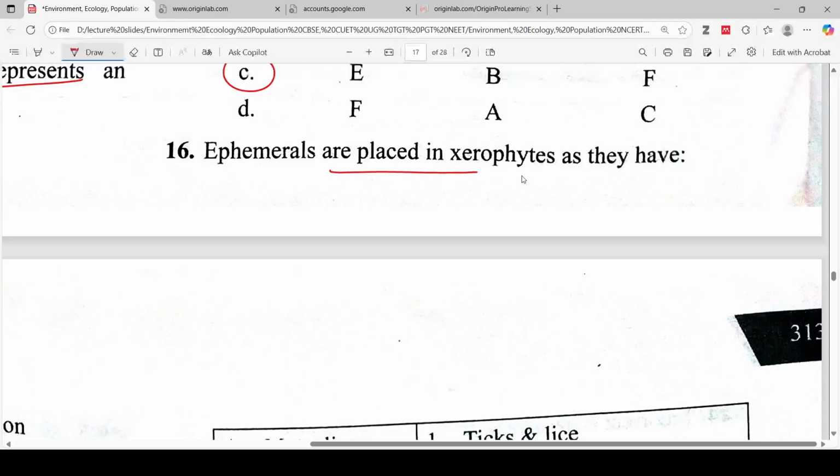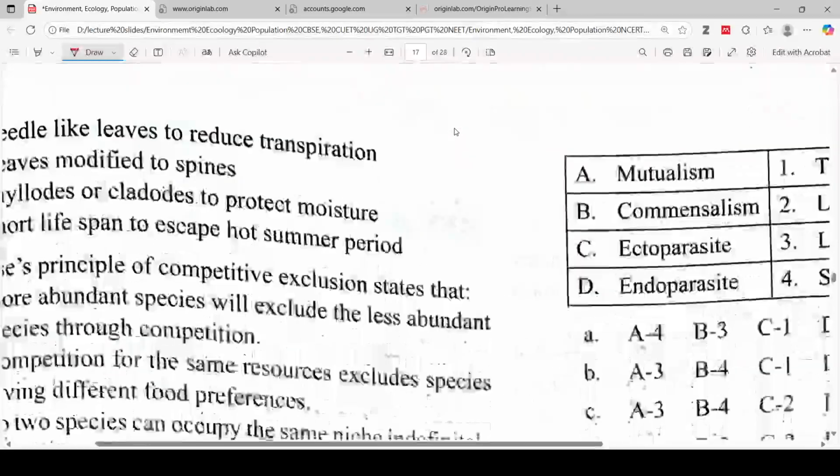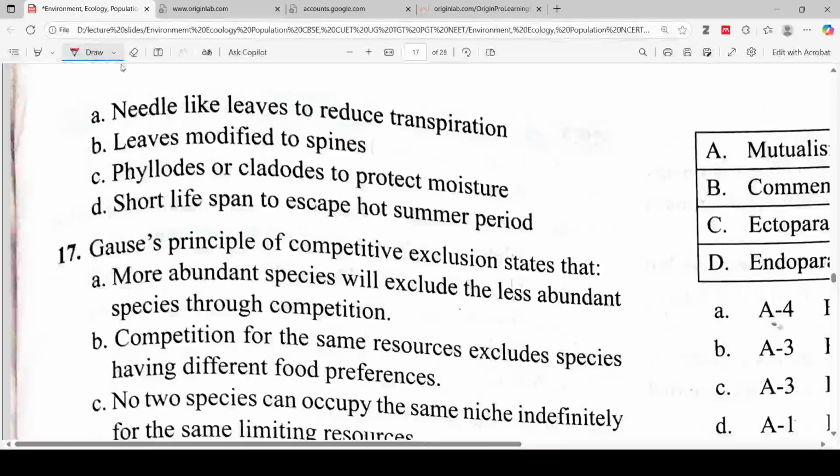Ephemerals are placed in xerophytes as they have needle-like leaves to reduce transpiration, B, leaves modified to spine, C, phyllodes or cladodes to protect moisture, short lifespan to escape hot summer period. So the correct answer is option D.